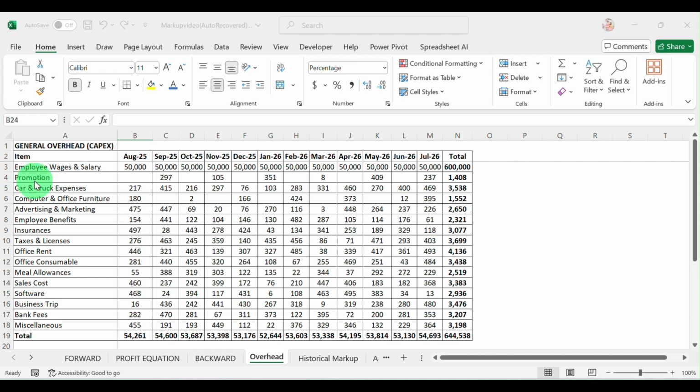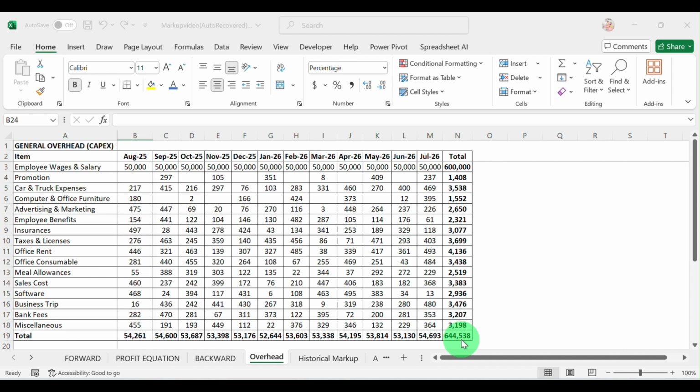Any other item is promotion, contract expenses, computer and office furniture, advertising, marketing, employee benefit, insurance, taxes, office rent, meal allowances, sales cost, software, business trip, bank fees, miscellaneous, and total for this year is 644,000 around. That is general overhead cost for the company.